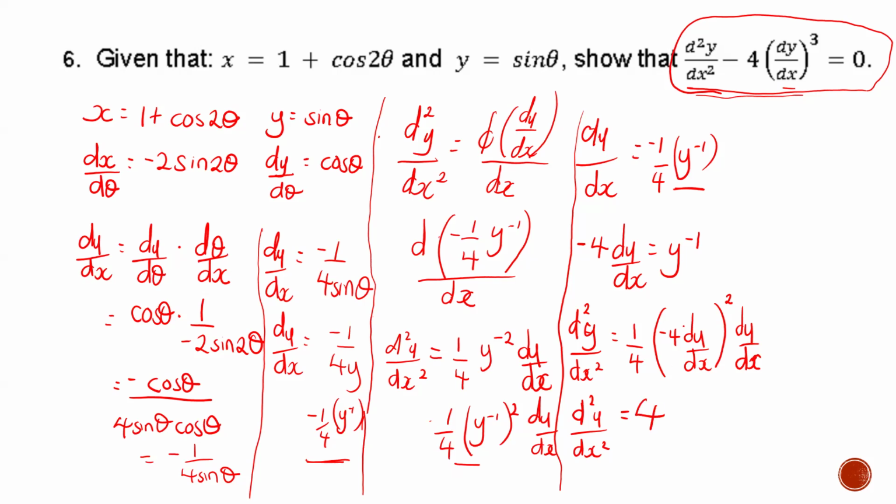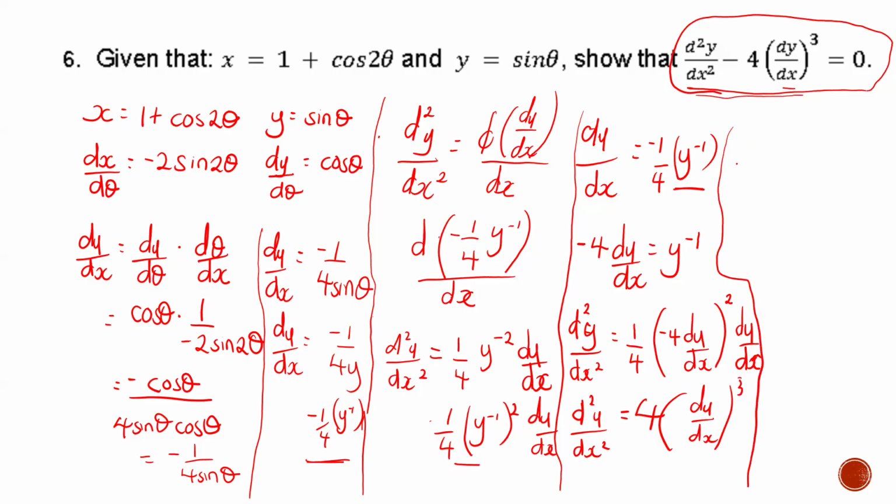Then dy dx will stay inside here squared. And dy dx squared times dy dx gives us dy dx cubed, right? So we are close. This is close to that according to the question, yeah? So how wonderful and exciting.